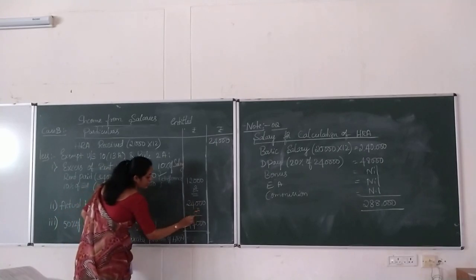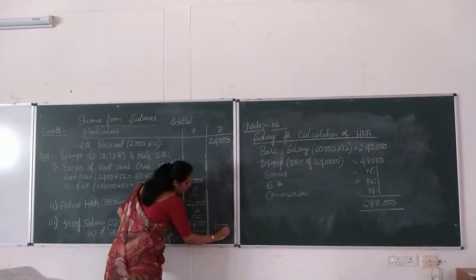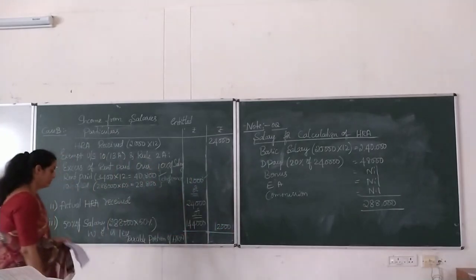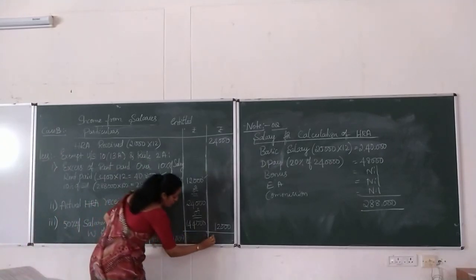Whichever is less, here this one, right? So 12,000 we should deduct from HRA 24,000. So the taxable portion of HRA is 12,000.